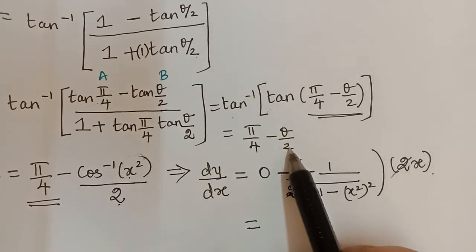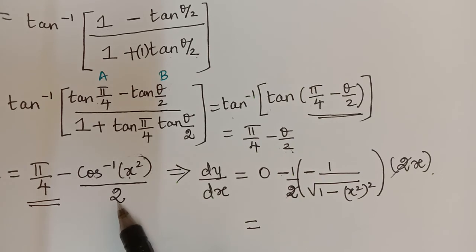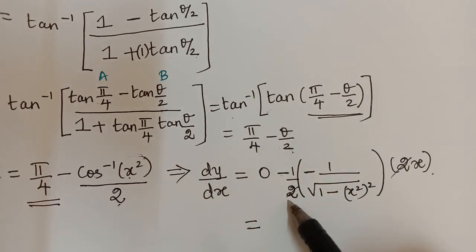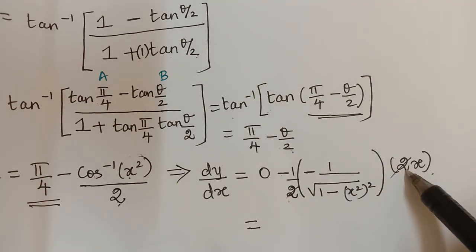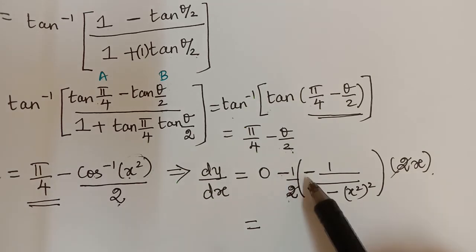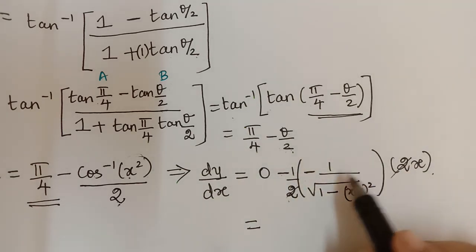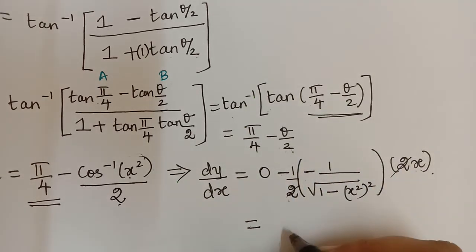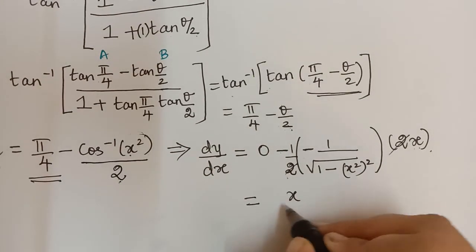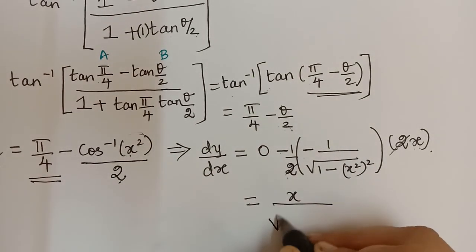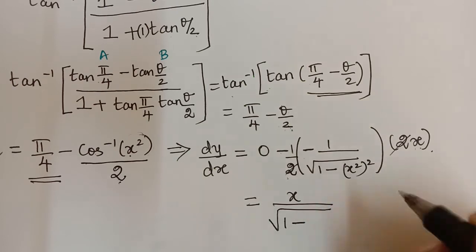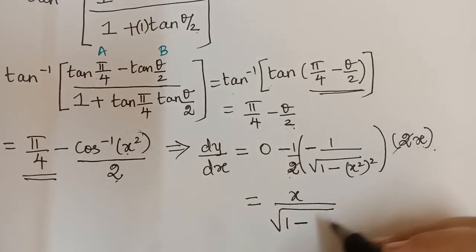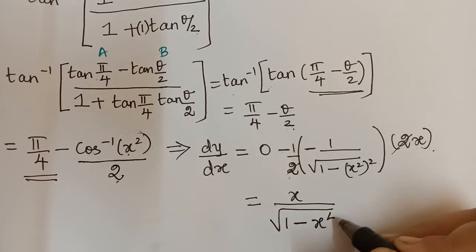So here we had theta by 2. So that 2 has to come here, and that 2 will get cancelled along with this 2, and here you will have minus into minus is plus, and in the numerator we have x, so it will be x divided by square root of 1 minus, what is the square of x square? It will be x to the power of 4.